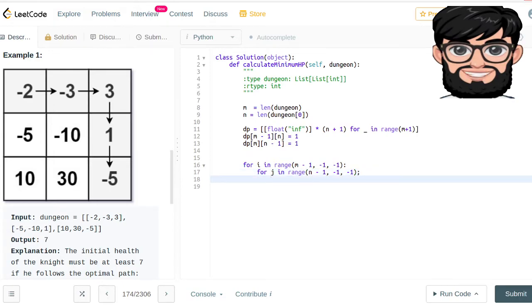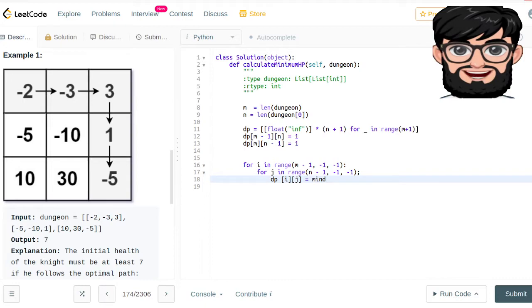In order to calculate the dp, dp of i, j is basically equal to, first we have to take the minimum path between the one on the right and the one at the bottom.